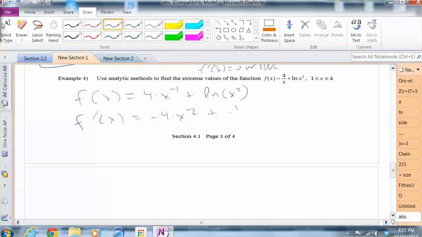And here the derivative of ln is just 1 over whatever's inside the parentheses, but I have to do the chain rule, so times 2x. So my derivative is negative 4 over x squared plus 2 over x. Now, very important, we're going to want to combine this, so it's going to be negative 4 plus 2x over x squared, because you can just multiply both top and bottom by x.